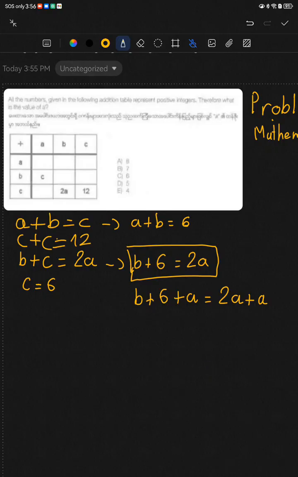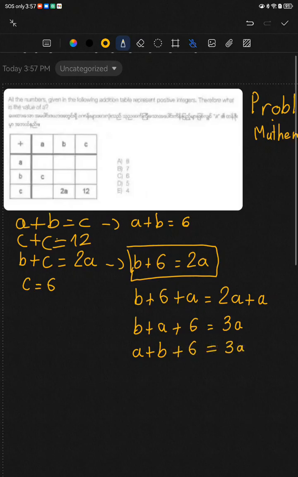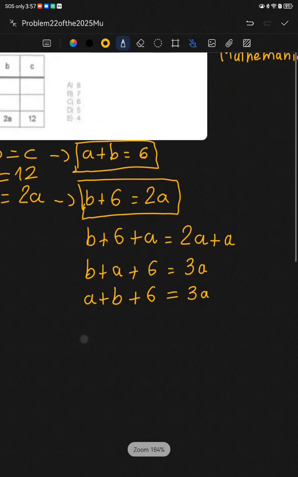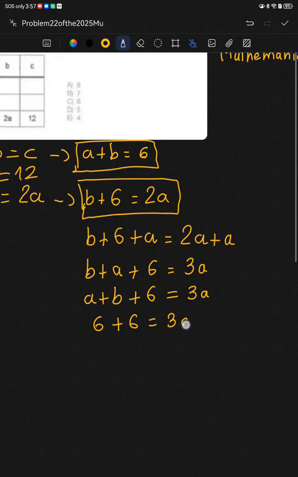We will rearrange this to get b plus a plus 6 is equal to 3a. We can rearrange b plus a as a plus b because addition is commutative. So we get a plus b plus 6 equals 3a. But we know that a plus b equals 6. So substitute that value. 6 plus 6 equals 3a, or 12 equals 3a.